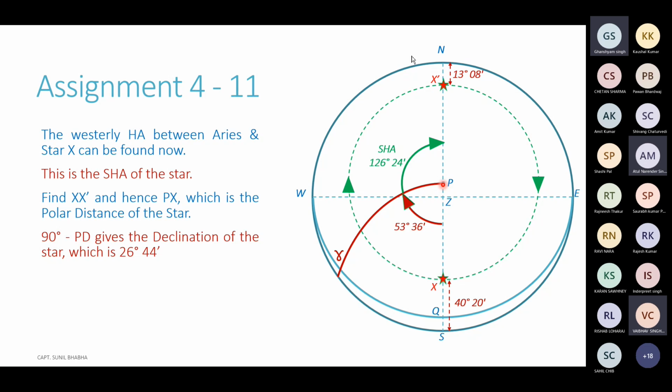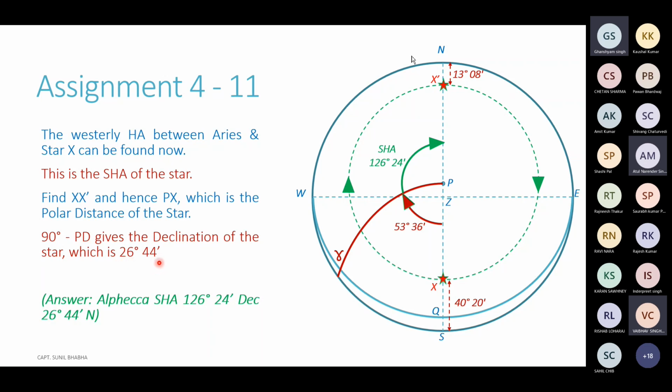Distance of the star. Now we know 90 minus polar distance gives us the declination of the star. So once we calculate px, you see this is the value of px here. We know pole to equinoctial is 90 degrees. So 90 minus px gives you the declination of the star, which in this case comes to be 26 degrees 44 minutes.